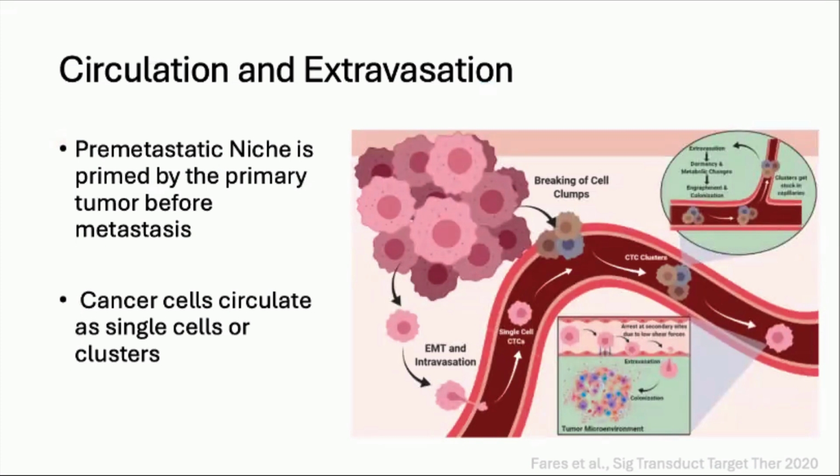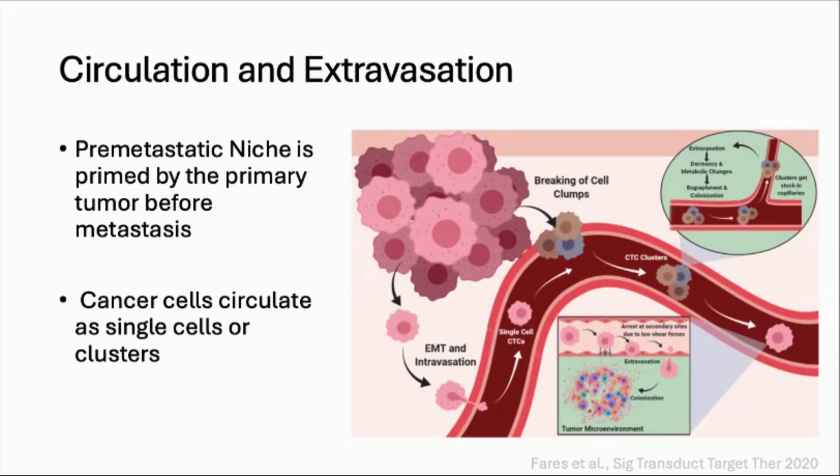When tumor cells leave their primary site, they need to travel to a secondary site. This secondary site is usually called a premetastatic niche, and this area is actually primed by the tumor before there is definitive metastasis. The premetastatic niche is the host microenvironment that is selectively primed by the primary tumor even before the initiation of metastatic disease.